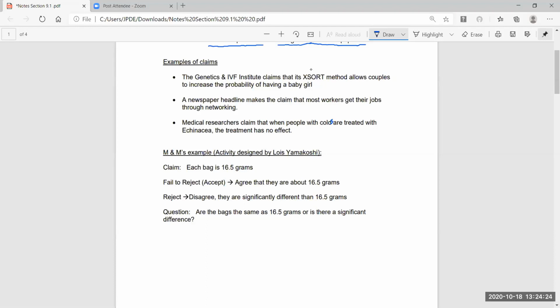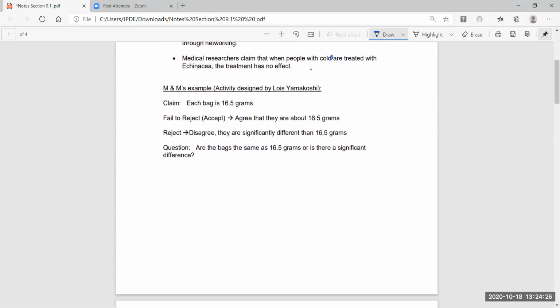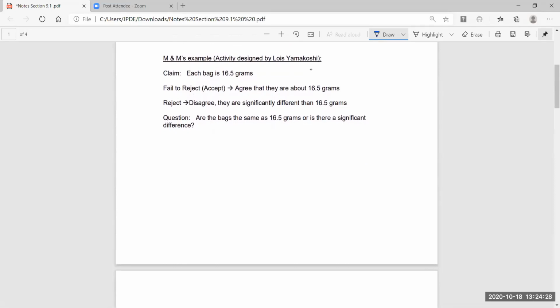Okay. I want to talk to you a little bit about the big picture with hypothesis testing. So I'm just going to put big picture here. And the reason the big picture is so important, a lot of times when you're working with hypothesis testing, there's going to be some new terms, there's going to be several steps, and it's easy to get lost in the process and forget the whole goal.